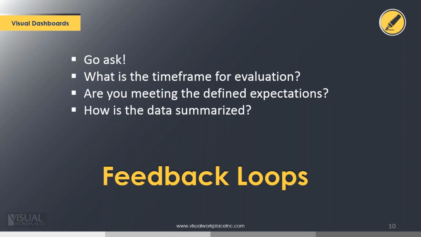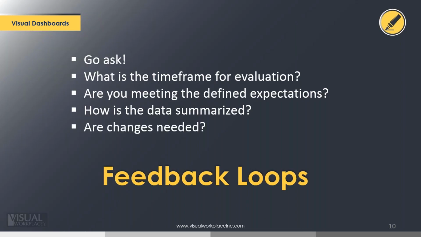Then we're going to look at how the data is summarized. When we talk about a feedback loop, we want to have those collecting the data give us feedback, but you too need to give feedback back to the team on some of the analysis that you're seeing. So how is that data going to be summarized, and how is it going to be shared with the entire team? That'll be very important.